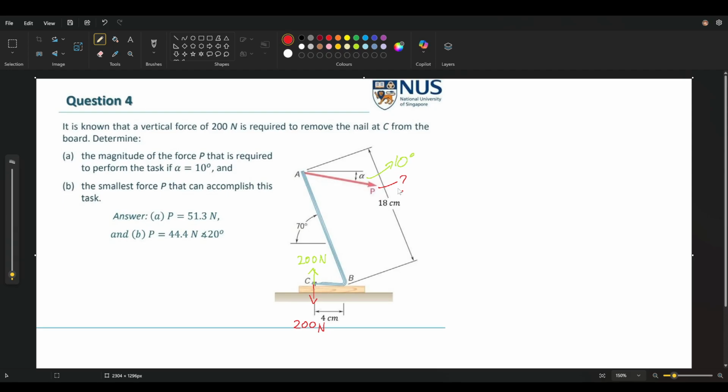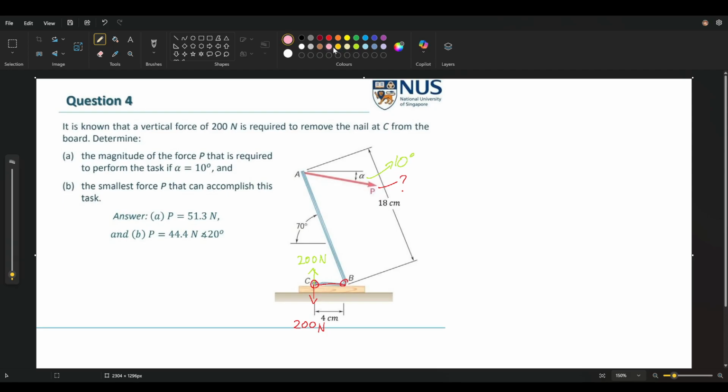And this pivoting point needs to be connected or have relations to the forces that are going to be applied. For the nail, we can see that the bar is connected to the nail coming towards B. Okay, so I'm just going to assume that B may be my pivoting point.